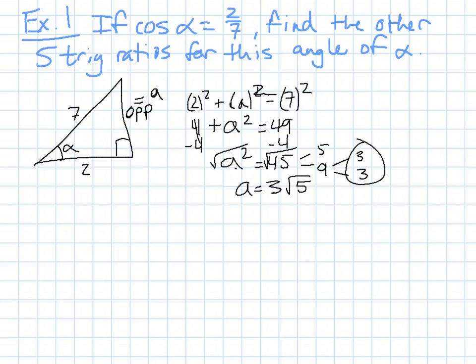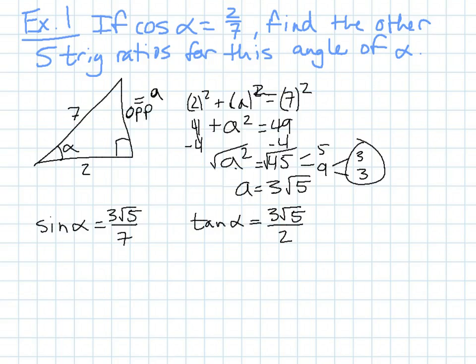So sine of alpha is going to be the opposite side over the hypotenuse, so we have 3 square root of 5 over 7. Then from there I want to find tangent. Now there's no real order to any of these, so don't think that you have to go in a certain way. Tangent will be 3 square root of 5 over 2, which is the adjacent side.